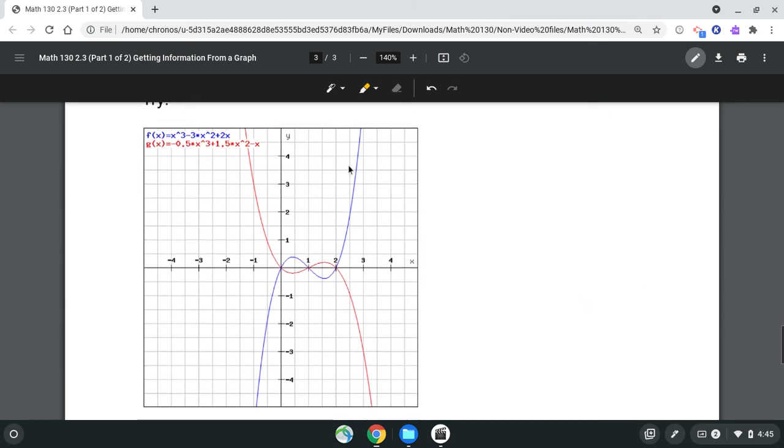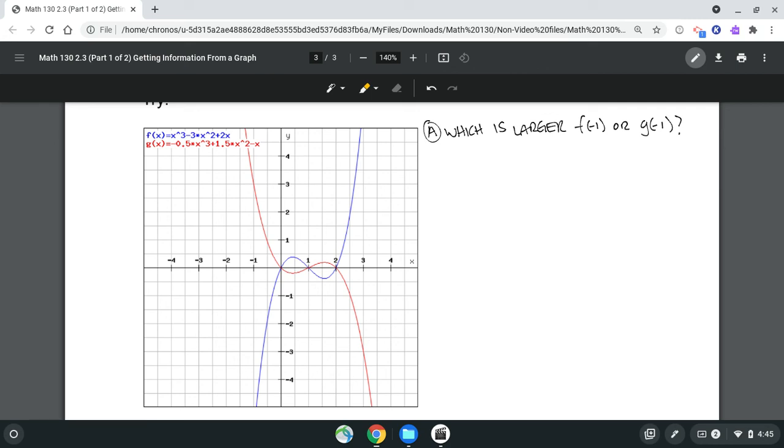So if you can't see that, the blue function is f of x, and the red function is g of x. Okay, and what I want you to do is answer these. Okay, so A, which is larger? F of -1 or g of -1?